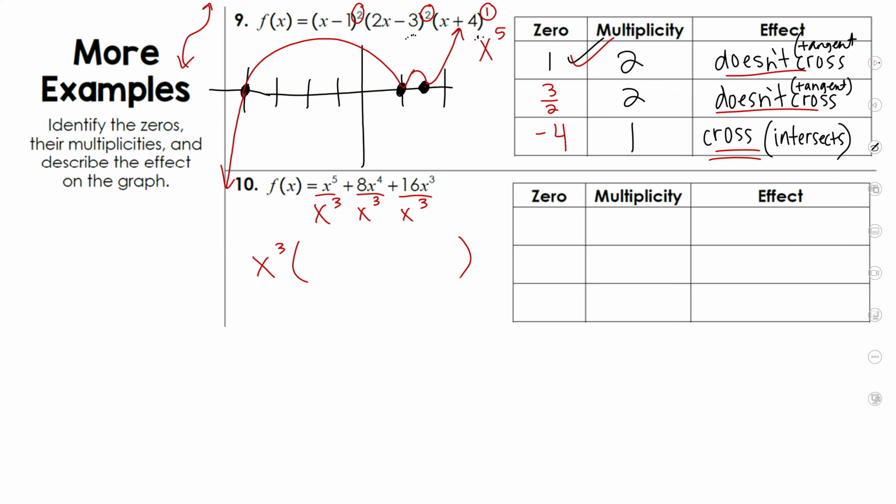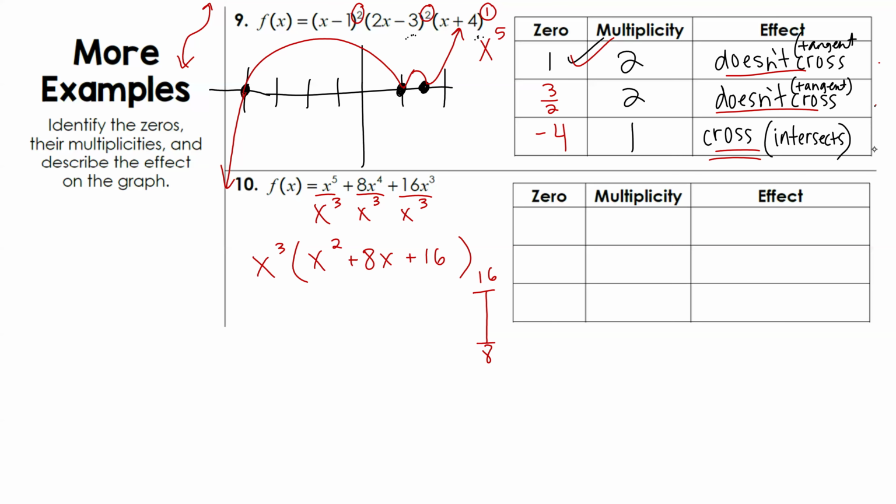Zara, can you tell me what's left? Good. Very good. All right. Lydia, what are you going to do after this? Good. You're going to find the factors. I'll let you guys do the rest, and y'all are going to fill out the table.